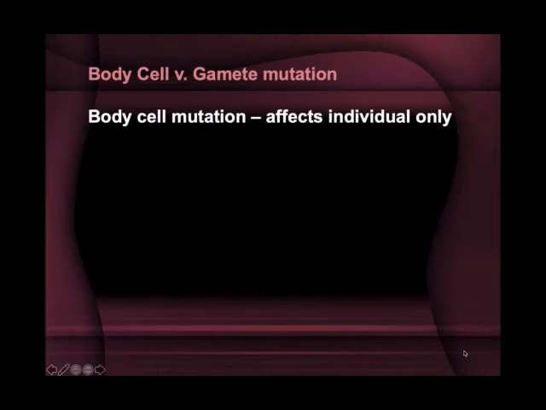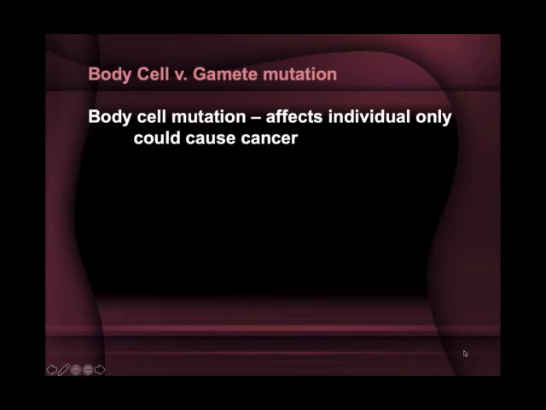So if you end up with skin cancer, that is a mutation that happened in a body cell. It's not going to be passed on to the offspring because it's not your body cells that make offspring. It's a gamete cell. If there's a mutation in the body cell, it only affects the individual with the mutation, and does not affect its offspring.